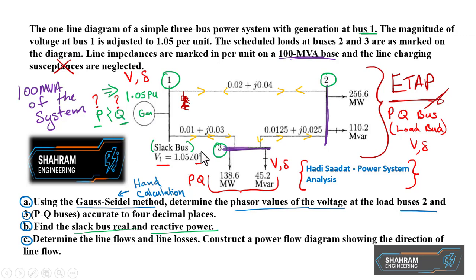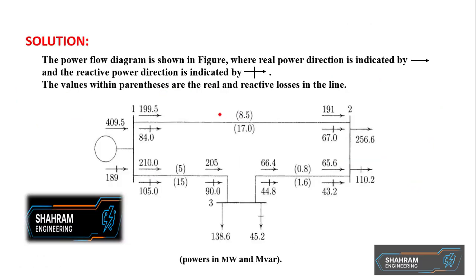I also have the solution from the author, it's in the other slide. So this is what it came to. This is P and this is Q. It says here the power flow diagram is shown in the figure, where real power direction is indicated by just an arrow. This here is the real power, and then it says the reactive power direction is indicated with an arrow with a little line cross to it.